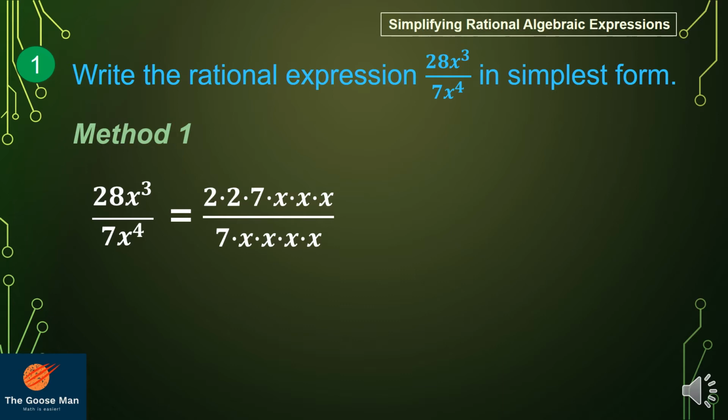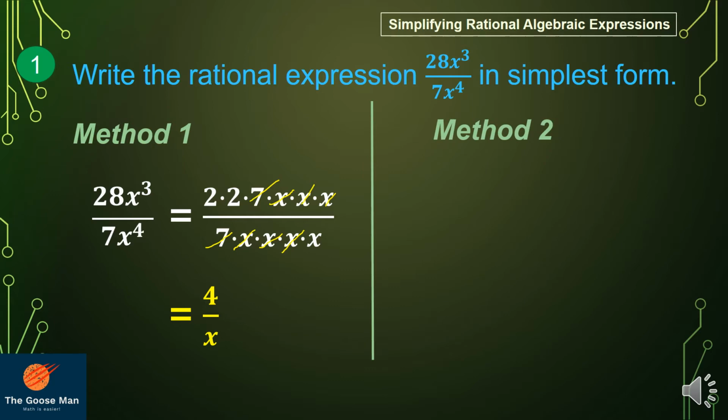Then we have 7 times x times x times x times x as the factors of x to the fourth power. So I can factor out here 7 and 7 as well as x and x, a pair of x and x and another pair of x and x. So what we have here is 2 times 2 all over x. So the final answer is 4 all over x.